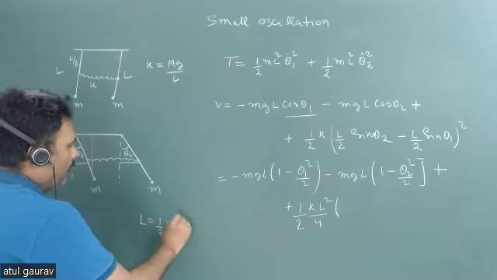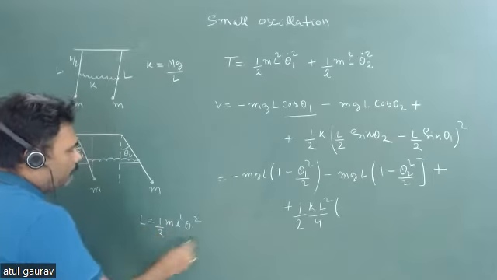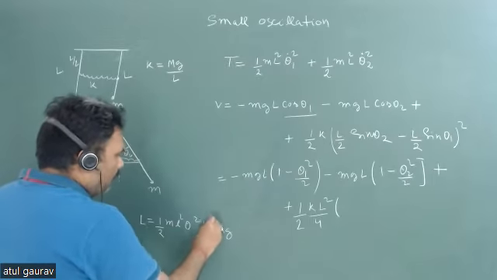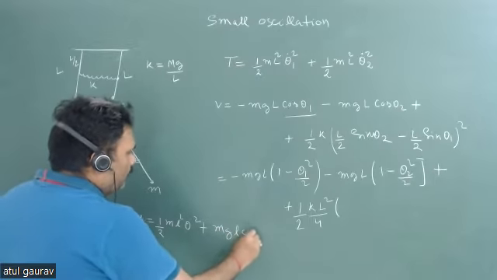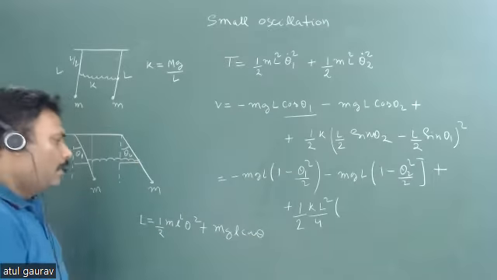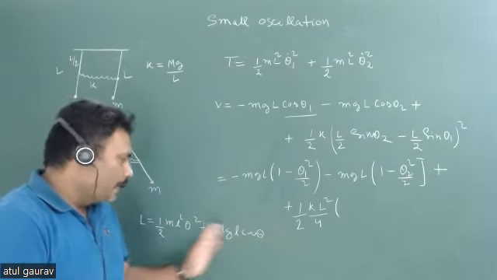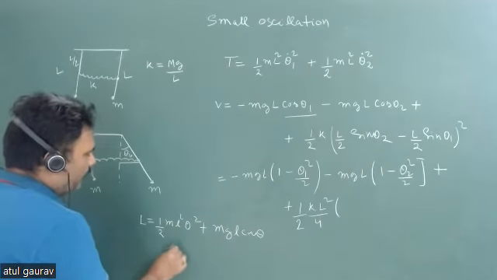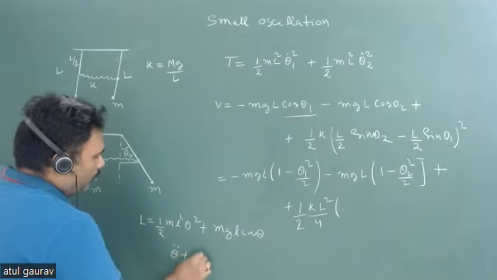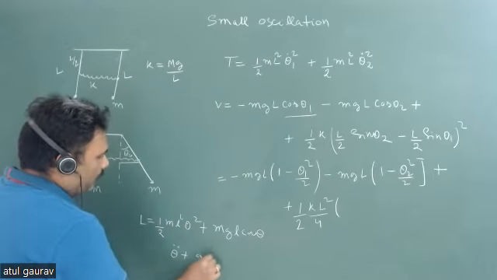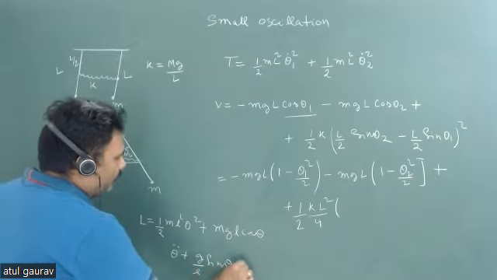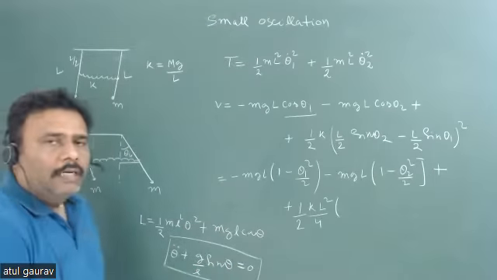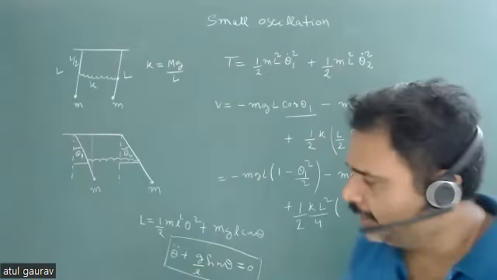Half m l square theta dot square minus minus, so that will be plus m g l cos theta. यही लिखते हो ना? और अब पोटेंशियल एनर्जी में जो भी फंक्शन, अगर मैं इस इक्वेशन को सॉल्व करूं तो सॉल्व करने के बाद आपके पास क्या आता है? Theta double dot plus g by l sin theta is equal to 0. Are you agreed, Shyam? ठीक है.